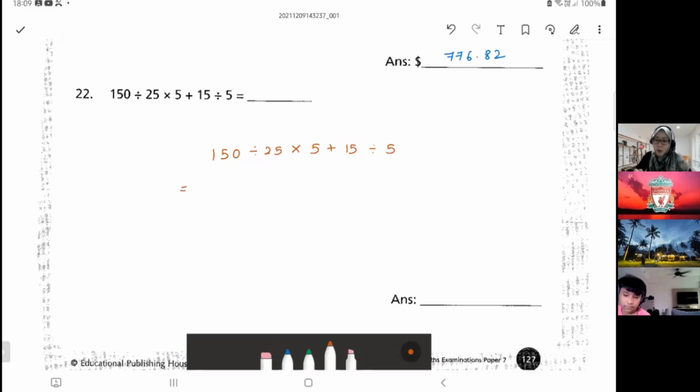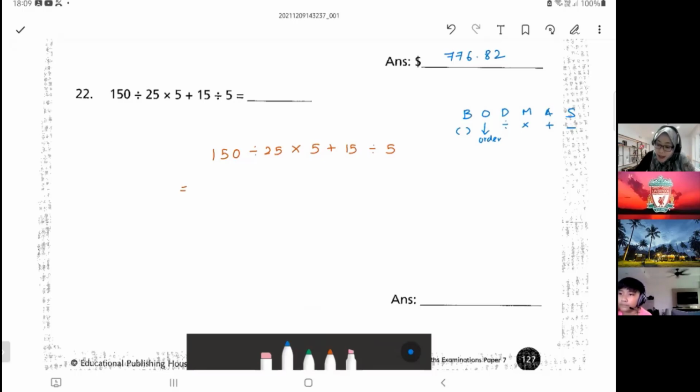Okay, so this one is your BODMAS rule. This is bracket. This is order, division, multiplication, addition, subtraction. The order means if you have division and multiplication side by side, then division you have to do first.